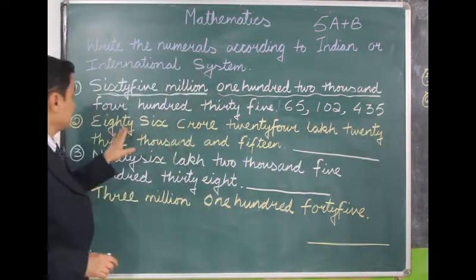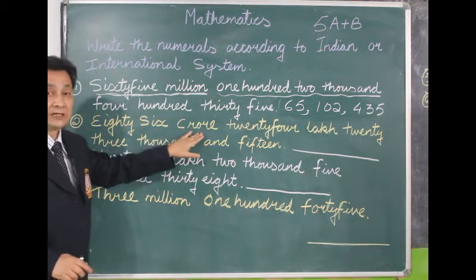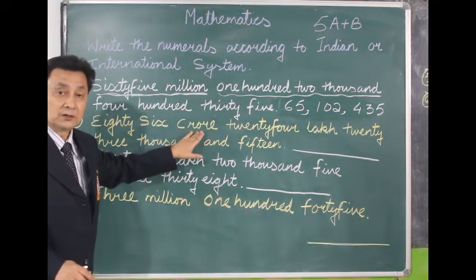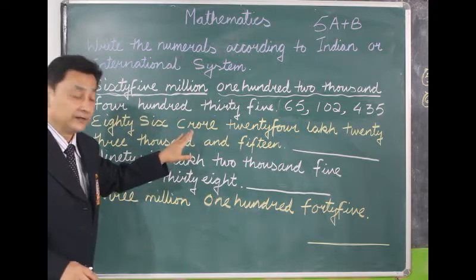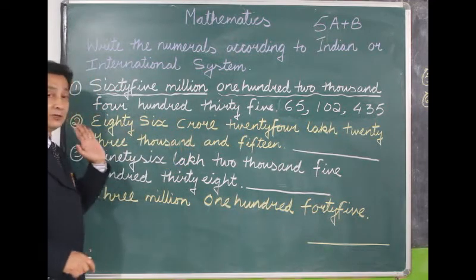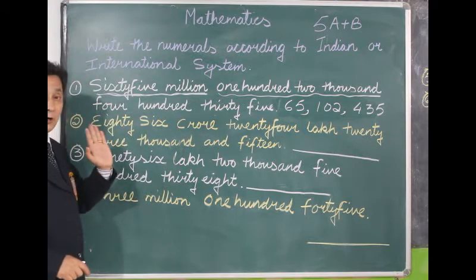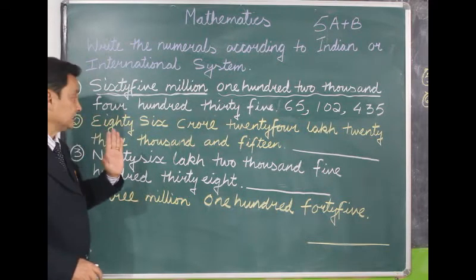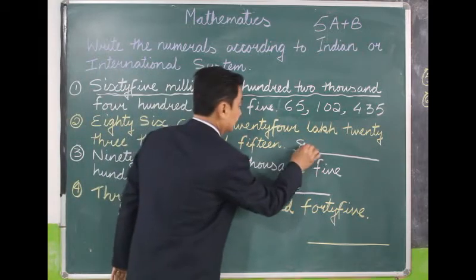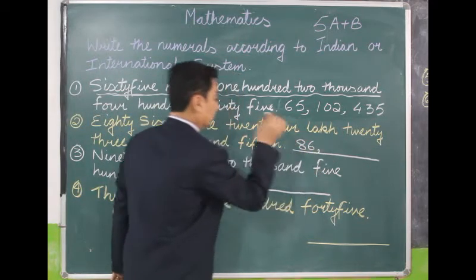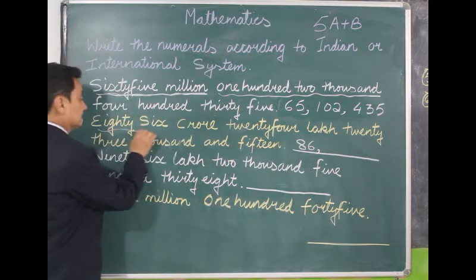So now 86 crore. This word crore or lakh will give away that it is in the Indian system. So let's only write the numbers and put a comma at the right places. Ready? 86 crore. That's all. We have finished this.